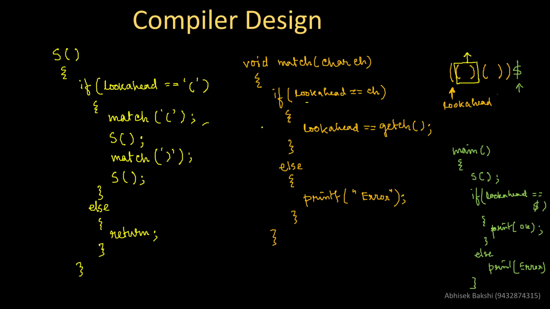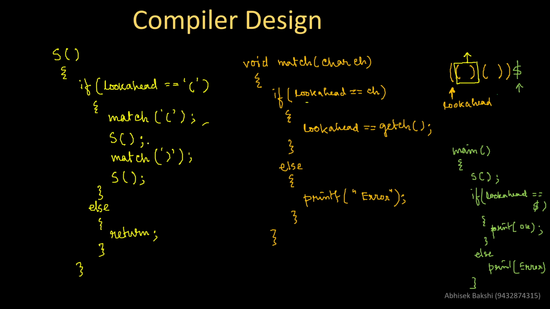So that's why it's okay. It will consume the character. As soon as it consumes the character, the lookup will be shifted towards right once, and the job of the match function is completed, it will come here.